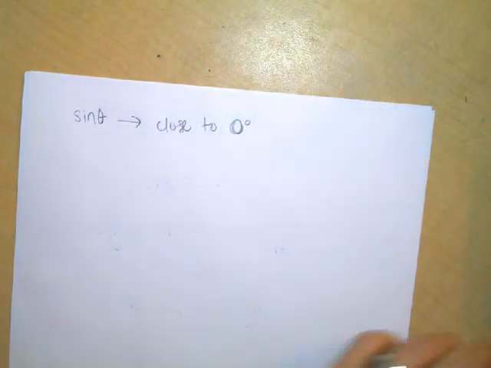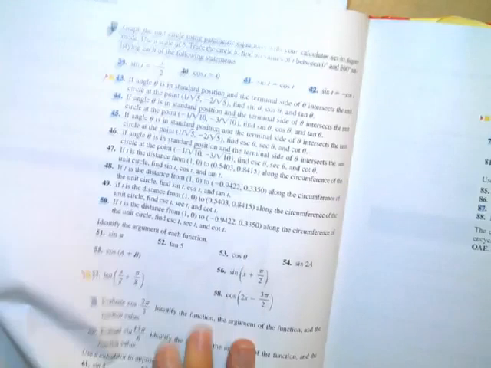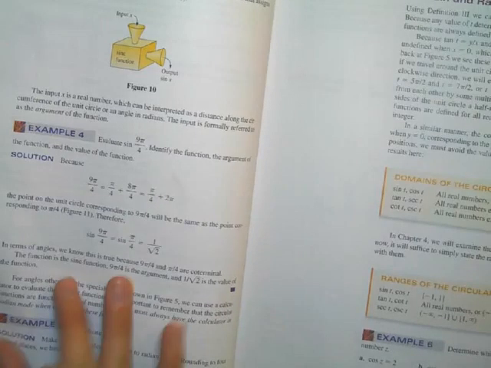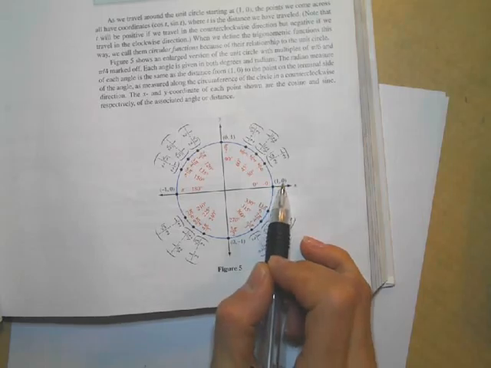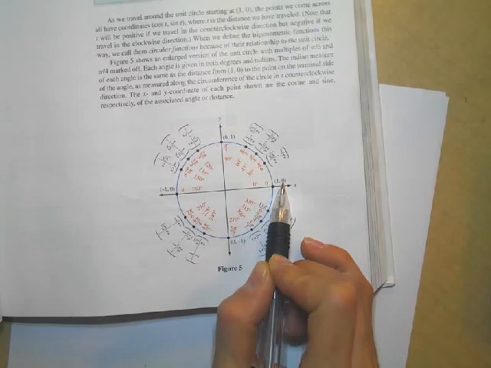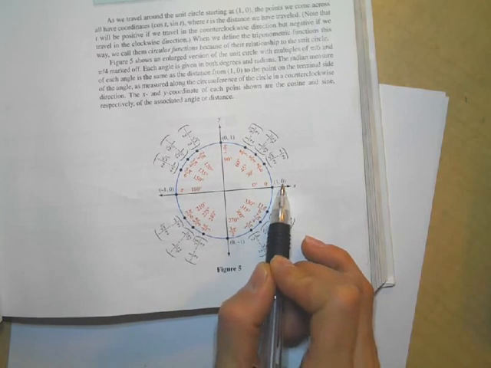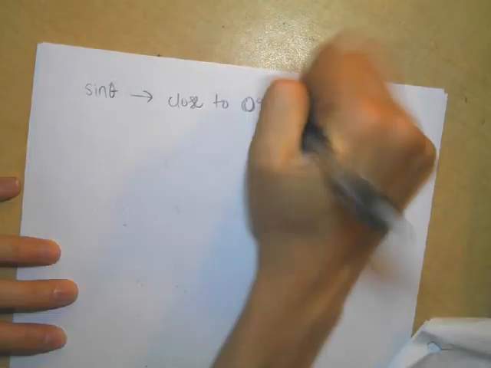So, we can look on here. As sine of theta is close to 0, what's the x value here going to be? I'm sorry, sine goes with the y value. It's going to be 0. So sine's going to approach 0. Okay? So it gets to 0.